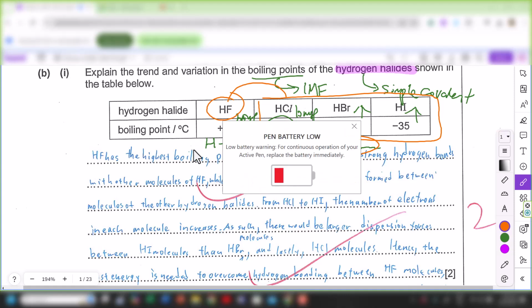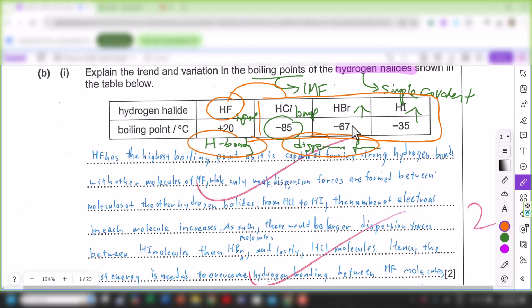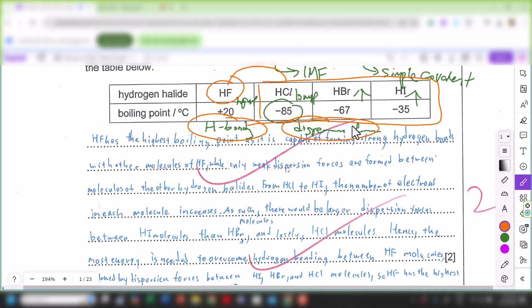So in terms of the marking, how the marks are distributed is to recognize that HF has the highest boiling point because of hydrogen bonding between the molecules. Therefore, you need the most amount of energy to overcome. Then for the rest, the trend is as follows because of the increasing electron cloud size and therefore increasing dispersion forces strength. Okay, I hope that will be okay.